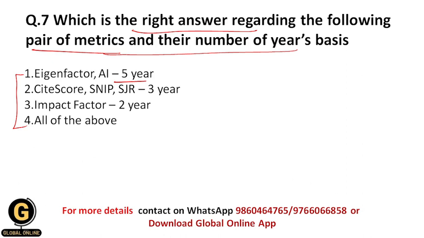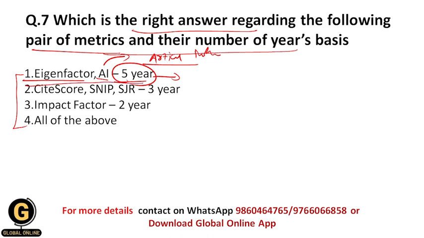Let us see the options, then you will understand. Here eigenfactor, then AI means article influence, dash 5 year. It means that eigenfactor and article influence are both journal metrics, and they are going to track the citations for preceding 5 years. So this is the meaning of the first option.